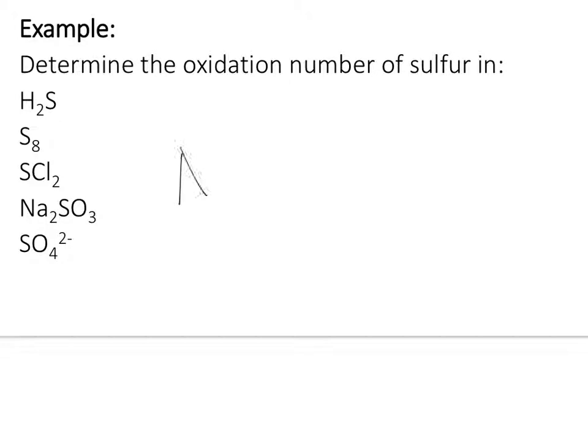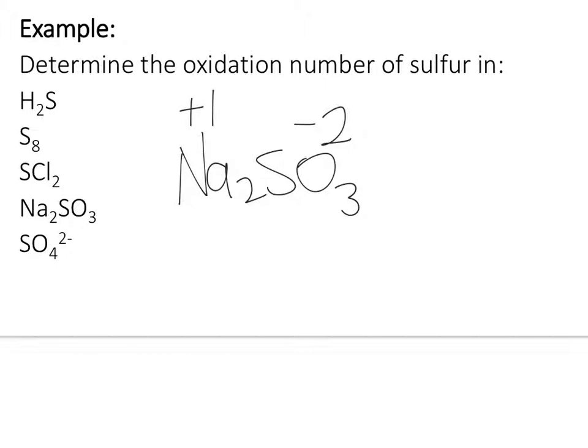All right, Na2SO3. Okay, we don't have a free element. We do have ions that are typically their charge. Oxygen typically is -2. Sodium is a group 1A metal, so even more so that's going to be a +1. And I'm going to hold off on sulfur because I know these two are factored in by rules, but I want to make sure that sulfur can actually stay its normal charge.